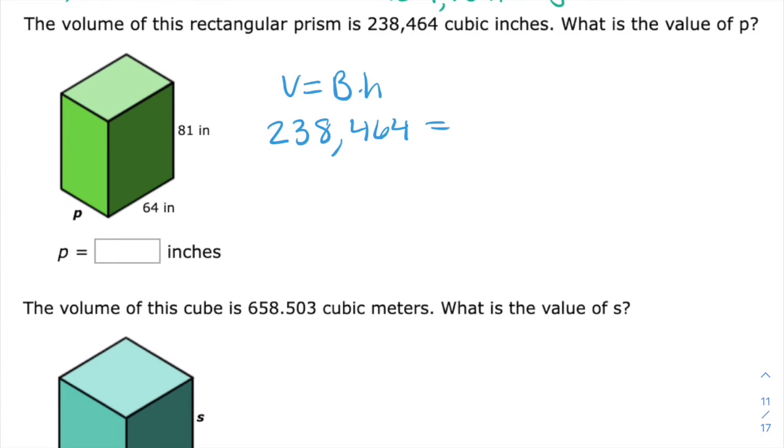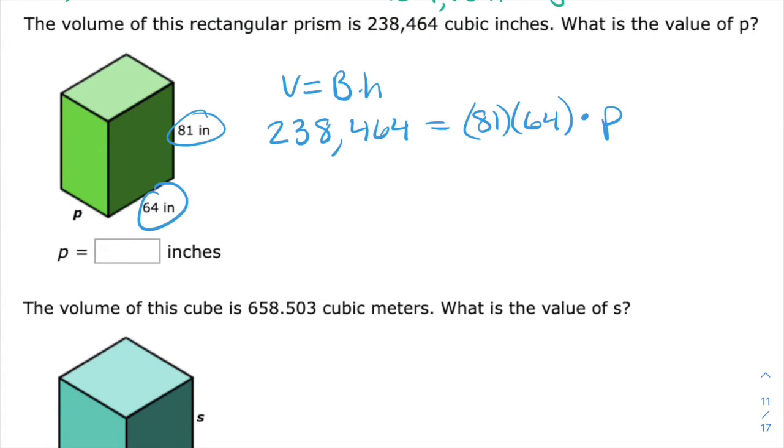And the base is given to me by these two numbers here. It's actually the area of that rectangle. So I'm going to say that the base is equal to 81 times 64. And now all I need left is the height, which I'll call P.